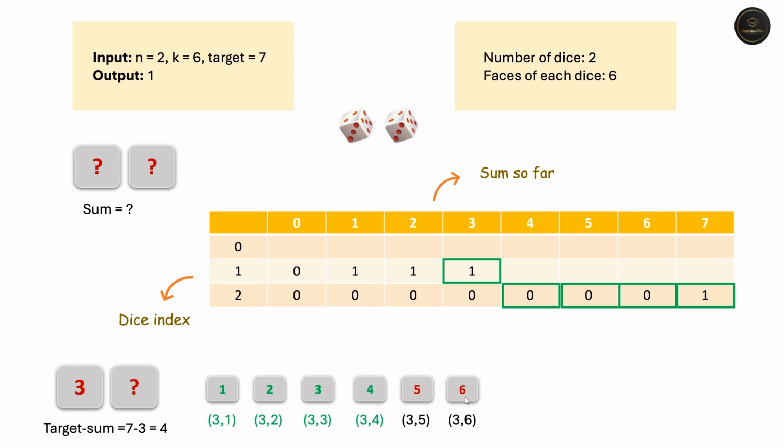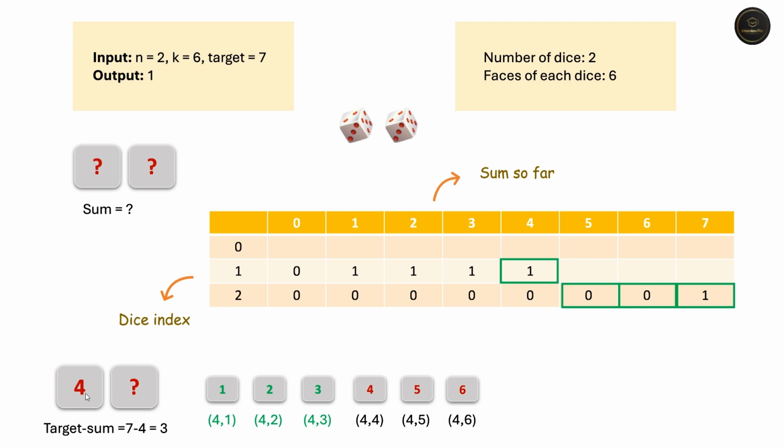So we can ignore these two values. So if I add 1 to the previous sum 3, what is the sum? 4. And the possibilities are 0. If I add 2 to 3, the sum is 5, possibilities are 0. 3 to 3, 6, 0 again. And if I add 4 to 3, it would give me the sum 7. So the number of possibilities to get the sum 7 is 1. Adding all these possibilities would give us the output 1.